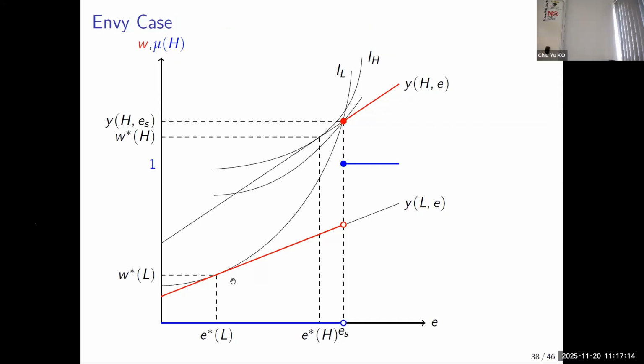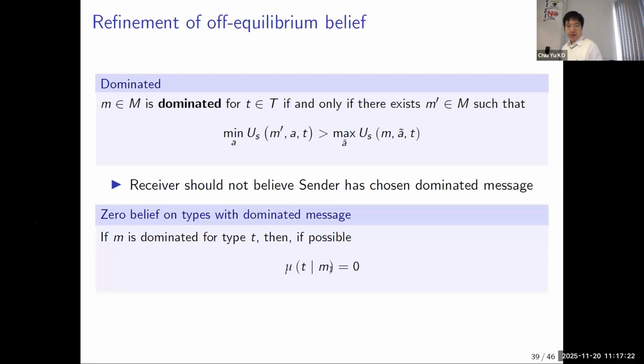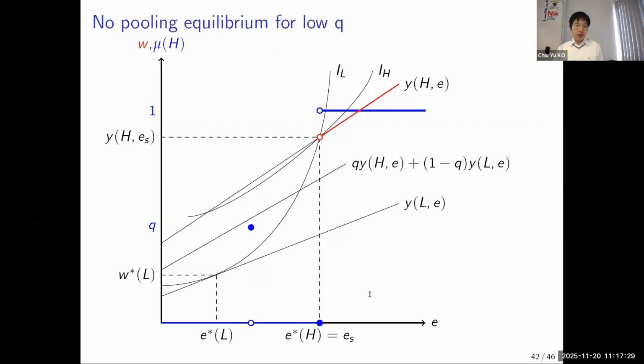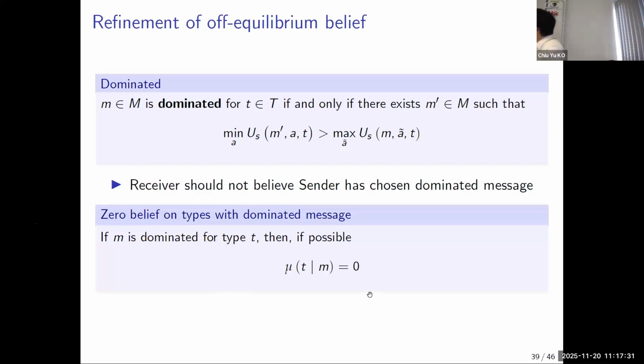Okay. And the free belief actually has a problem. You won't believe that is the case. And there are many things you can think. Okay. So we will consider two refinements of the belief. The first one is called the dominated belief. The second one is a very famous one called the intuitive criterion.